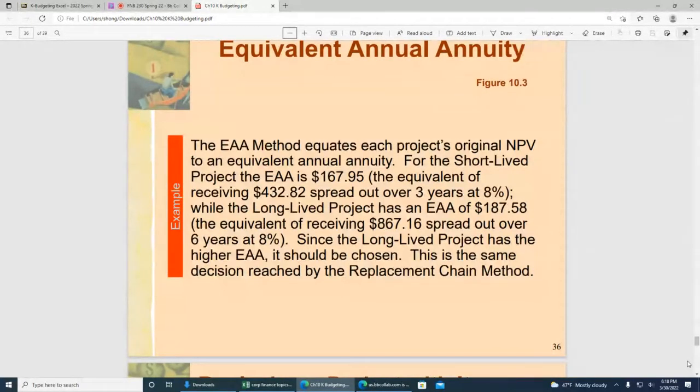So the equivalent annual annuity method equates each project's original net present value to an equivalent annual annuity. So what does that mean?